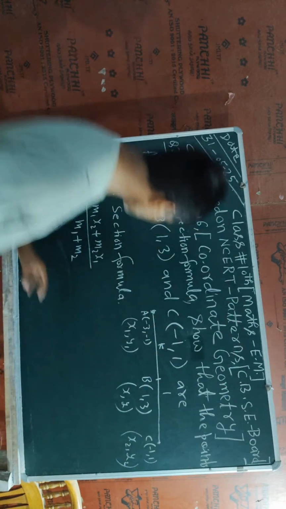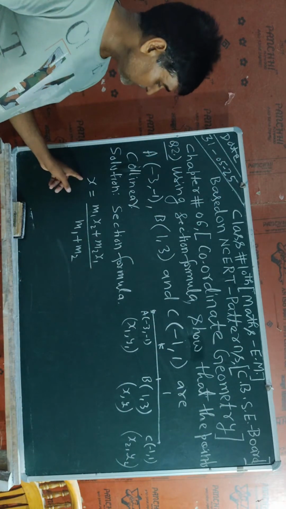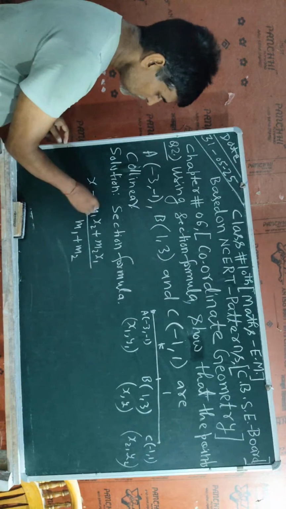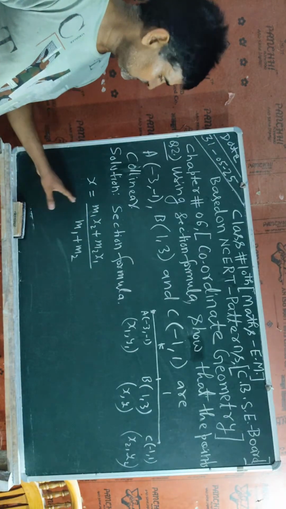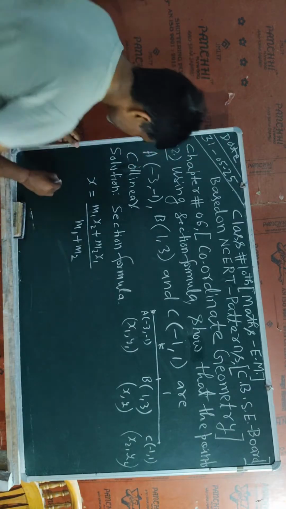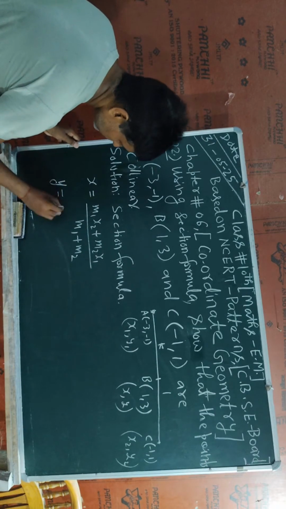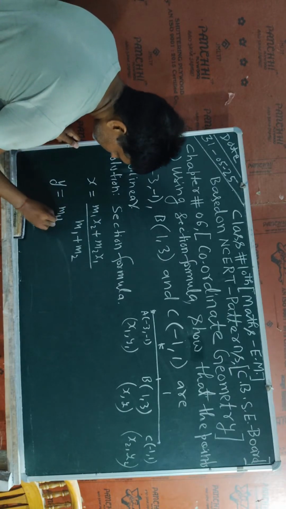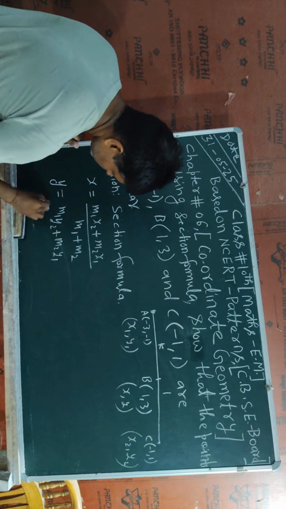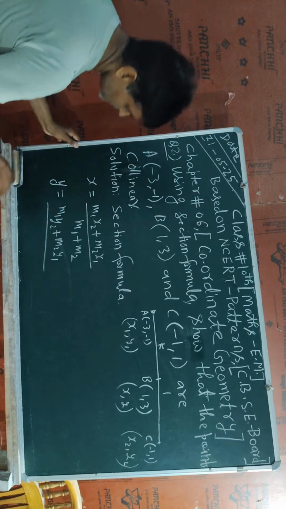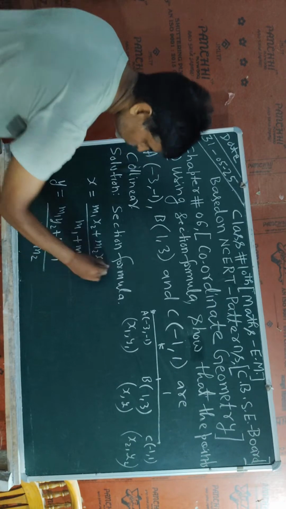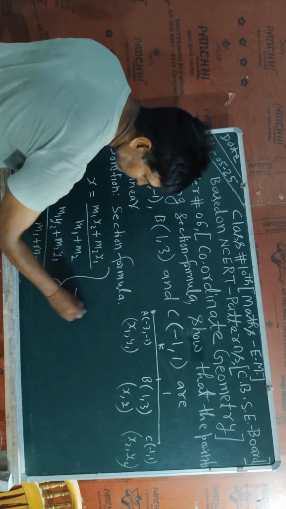Now I will substitute the values of m1, m2, x1, x2. Also the y coordinate will be m1 y2 plus m2 y1 divided by m1 plus m2. I will say this is equation number 1.